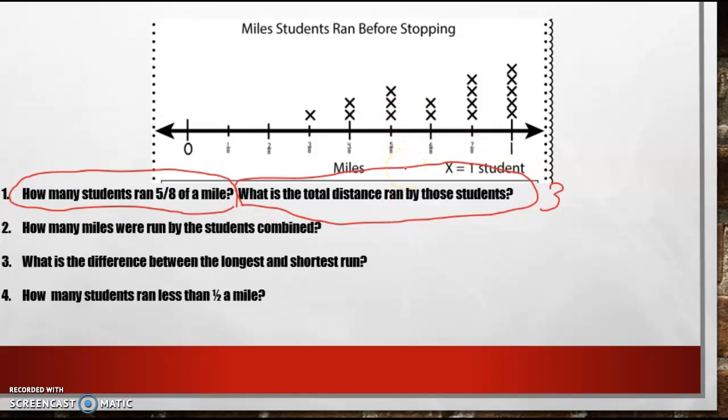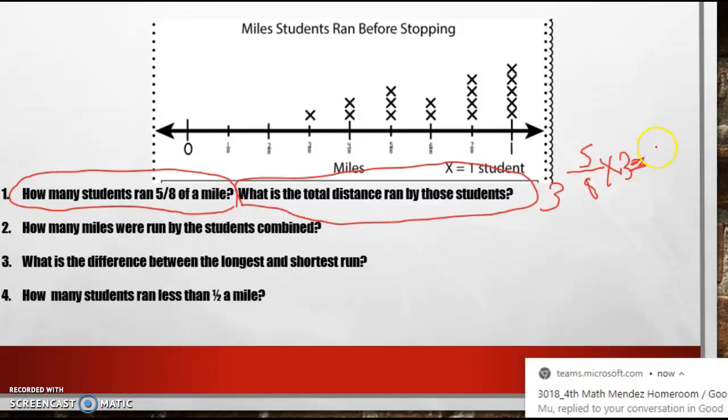What equation could we write? We could write a repeated addition equation. I would rather see you write a multiplication equation. 5/8 times 3 equals 15/8.